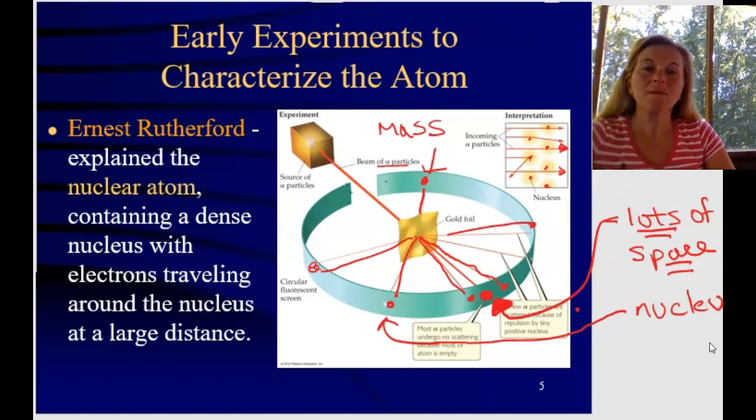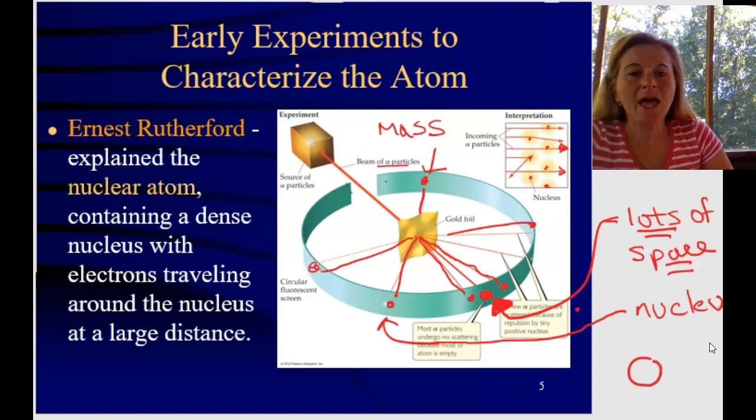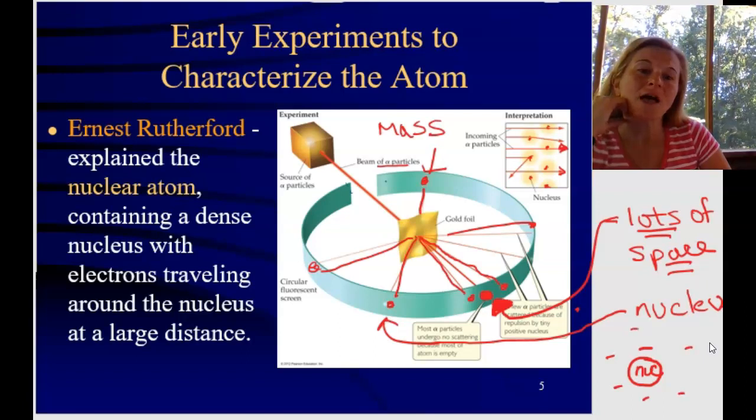So this experiment led Rutherford and Thomson to realize that there was a nucleus in the center and it had mass, it had density, and that there were electrons floating around on the outside, and there was a lot of space between them.